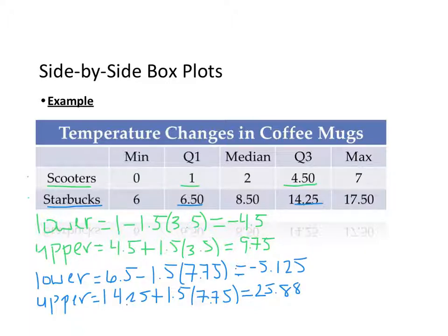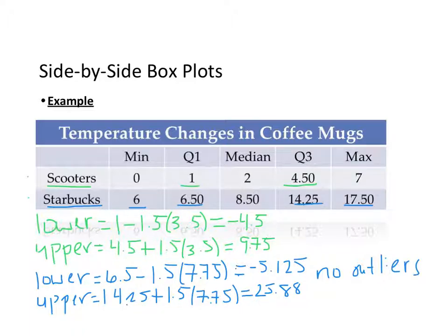Now, note to self, does our min and max fit in between the lower and upper fence? 6 is between negative 5 and 25, so is 17.5. So Starbucks has no outliers.